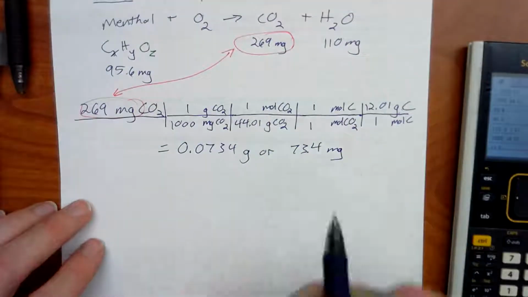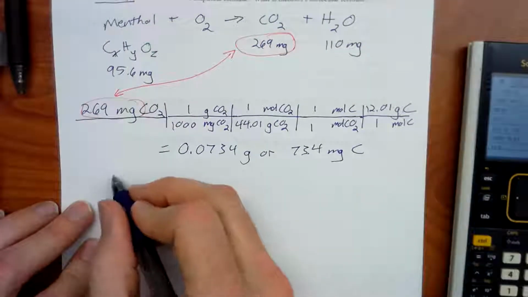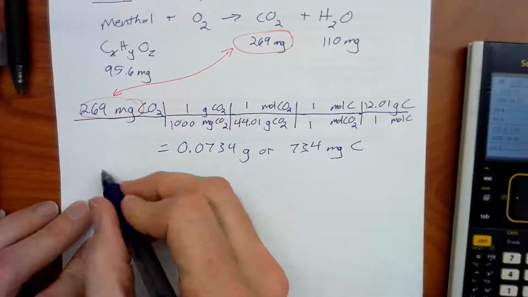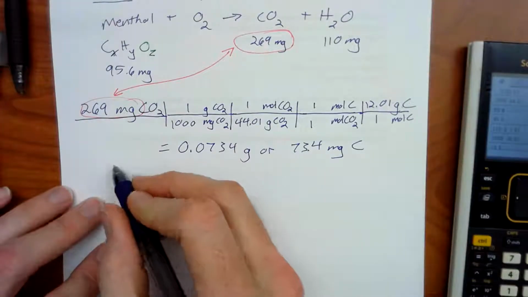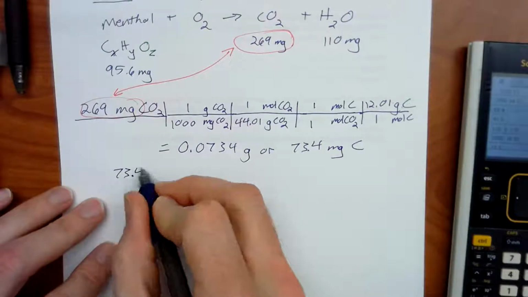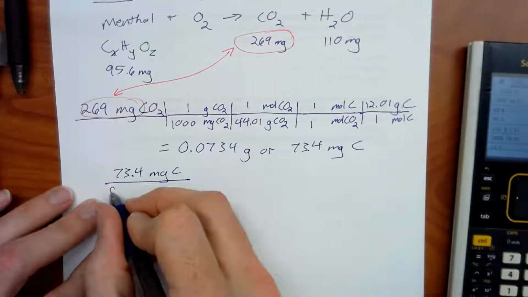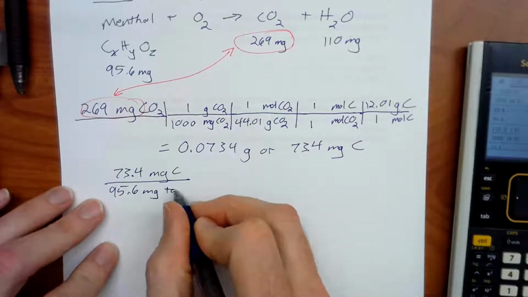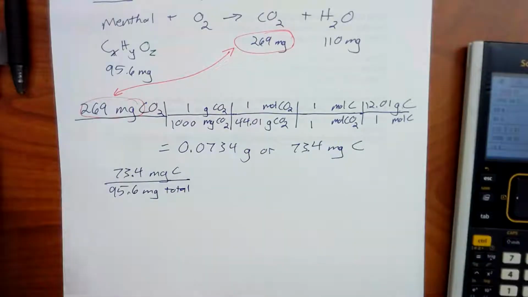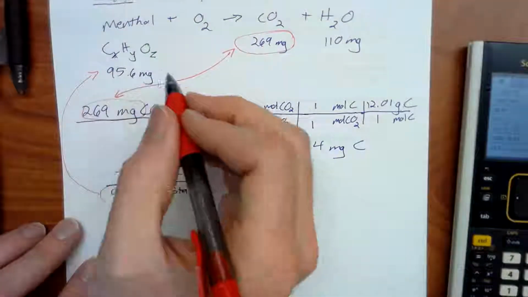Very nice. We're not done yet, because we found the milligrams of carbon, but we need to find the percentage of carbon. That's our true goal of the first step. So I need to find the percentage: 73.4 milligrams of carbon to 95.6 milligrams for my total. I got that number from this number right here.